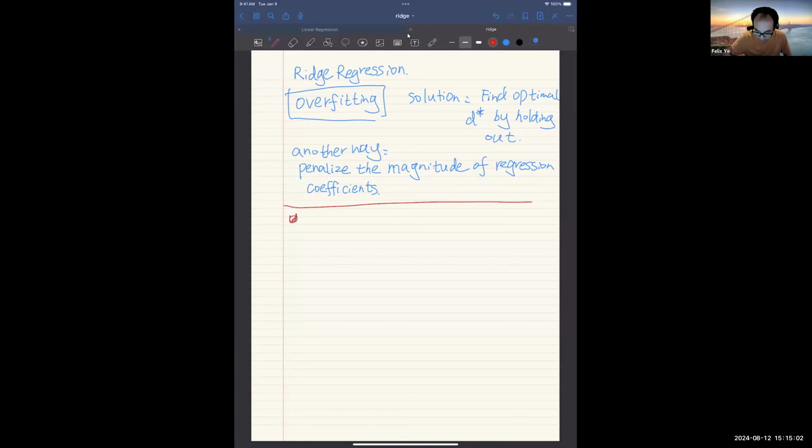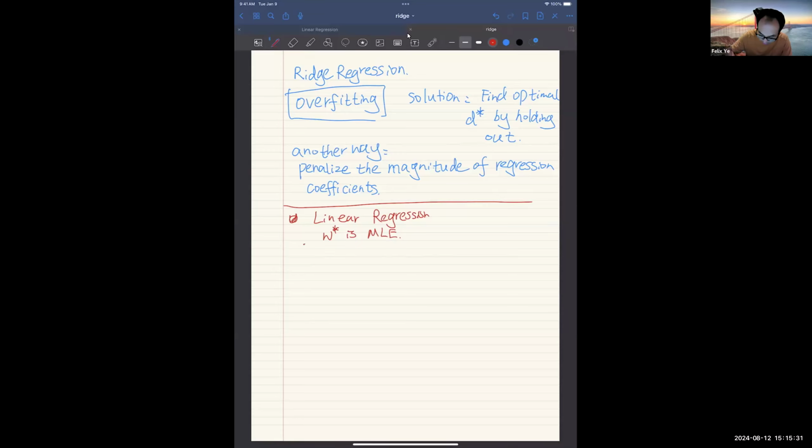So in linear regression, this W star is the MLE, the maximum likelihood estimator. What we can do is some MAP estimation. That means we can give some prior for those weights.